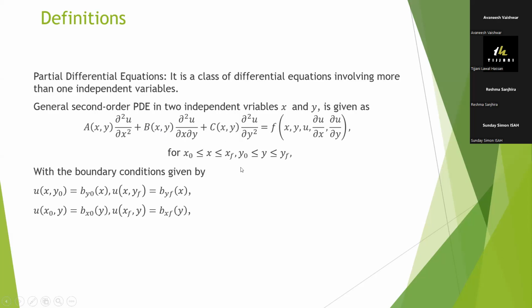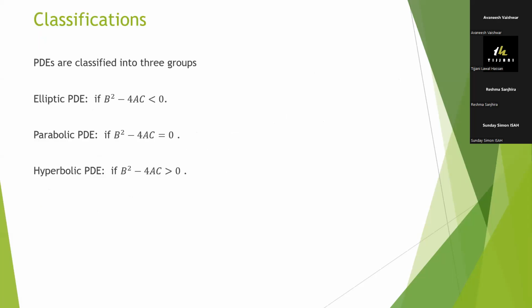From here, if you get b square minus 4ac equal to the square of some function, that is 4x square, then it is always greater than or equal to 0. It can never be negative. So if it is constant, it is easy. If it depends on x and y, then you can guess the nature of the partial differential equation. For that purpose, you first calculate b square minus 4ac.